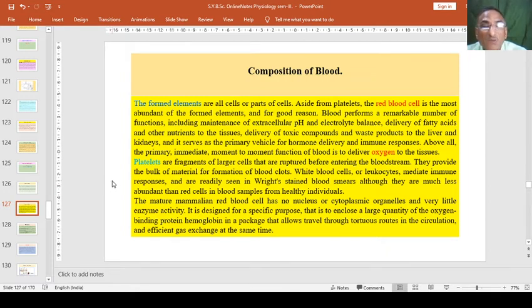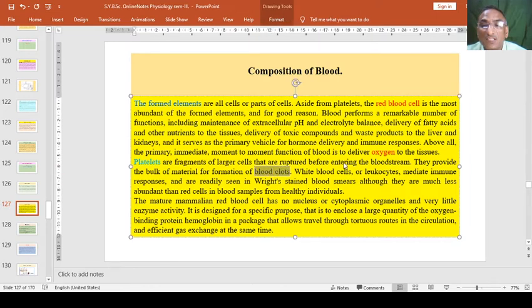Whenever the life of an RBC is completed, it is broken down and its pieces work together as formed elements and help in clotting of blood. These platelets are fragments of larger cells that are ruptured before entering the bloodstream. They provide the bulk of material for formation of blood clots. So they help in clotting of blood and stop the blood from flowing outside the body.